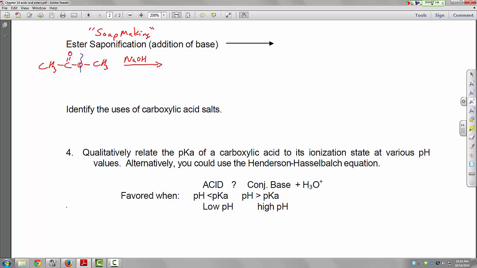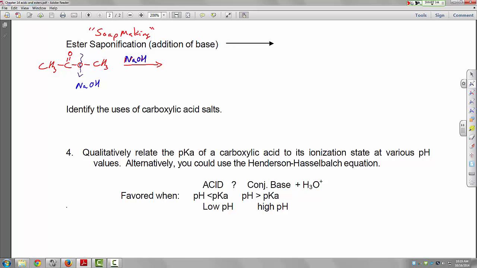So we split this guy like that. And there's actually a couple ways to think about this. I'm going to do this in two ways, actually. Let me turn this blue so you can see it a little bit better.